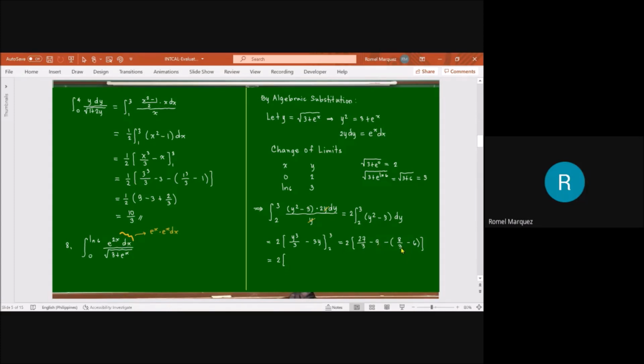So we now have just 8 over 3 minus 6, then negative outside. What is that equal to, guys? 8 divided by 3 minus 6 is negative 10 over 3. Preceded by negative, that is positive 10 over 3. What's the value, guys? 20/3.